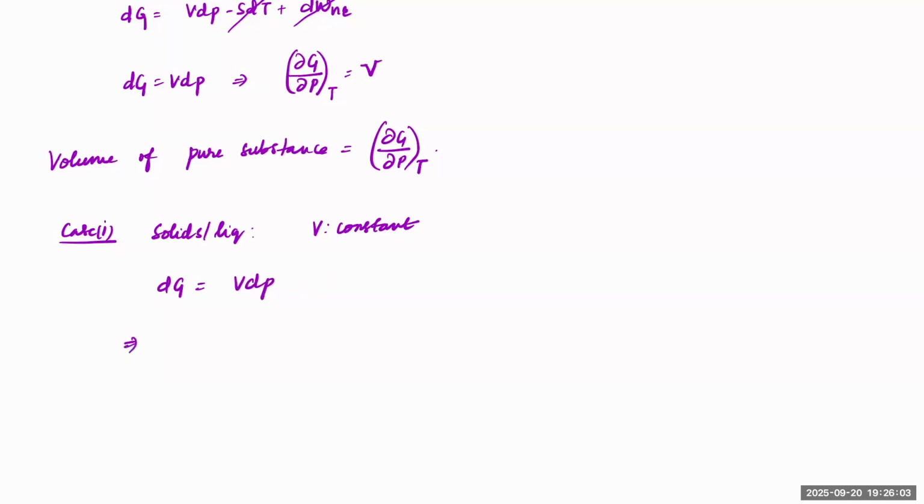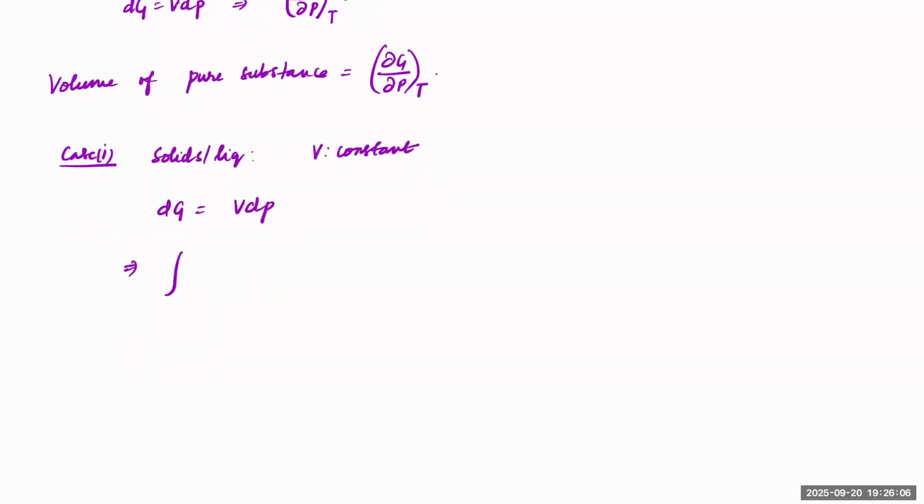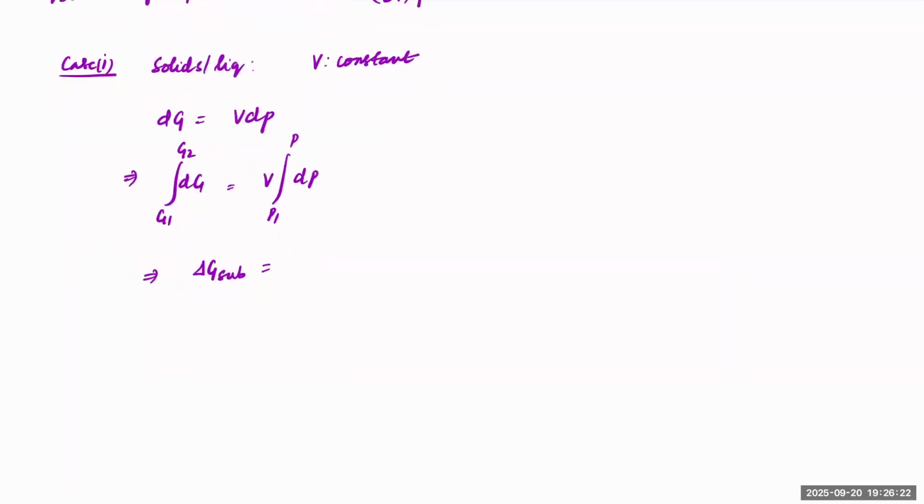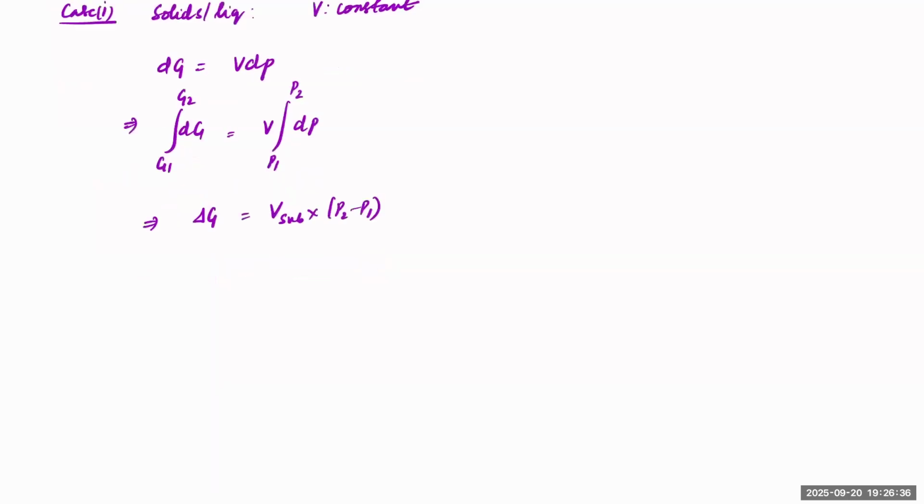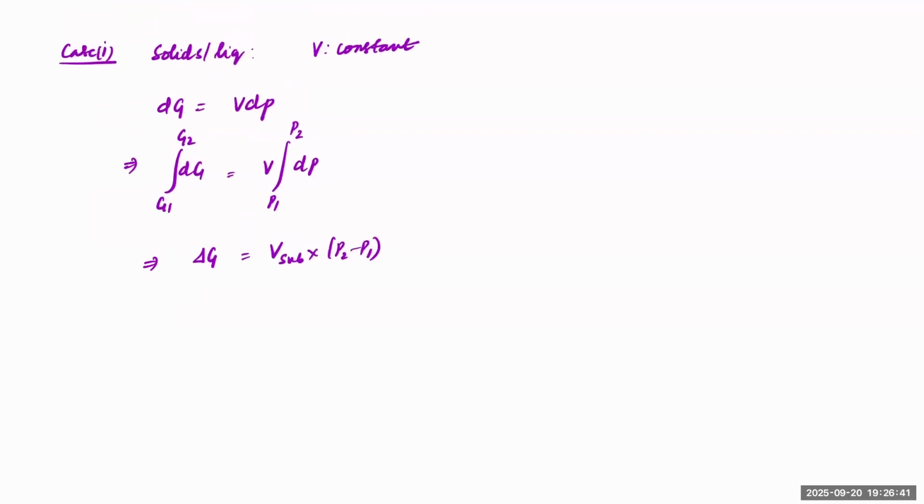Since volume is constant, if I integrate dG from G1 to G2, that equals volume times the integral of dP from P1 to P2. So the change in free energy of a substance can be written as the volume of the substance multiplied by P2 minus P1. This is about delta G of a substance.